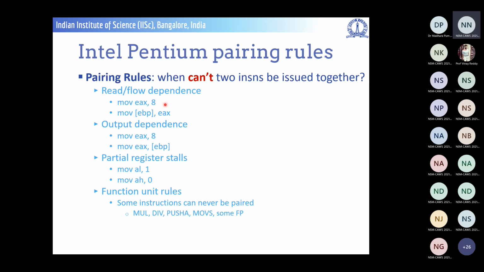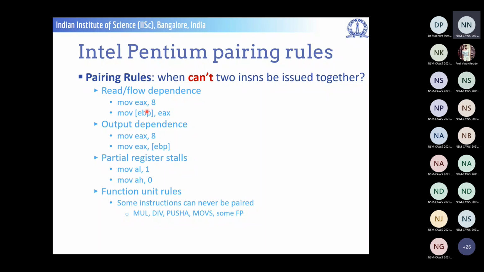First of all, what is happening here is that it is moving a particular integer value into the EAX register, and then it is putting the value that is in EAX into the memory location pointed to by EBP.